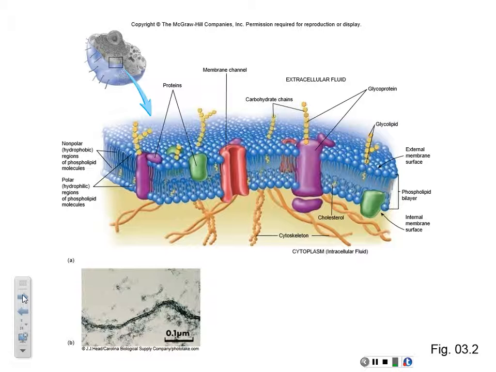But carrier proteins differ from channel proteins because channel proteins, the size of the channel determines the size of the molecule that goes through it. It doesn't really attach. If it's too big, it won't fit, and if it's not the correct size in terms of the shape of the molecule, then it's not going to go through, right? Whereas carrier molecules will actually attach to it and then change shape and move the product.